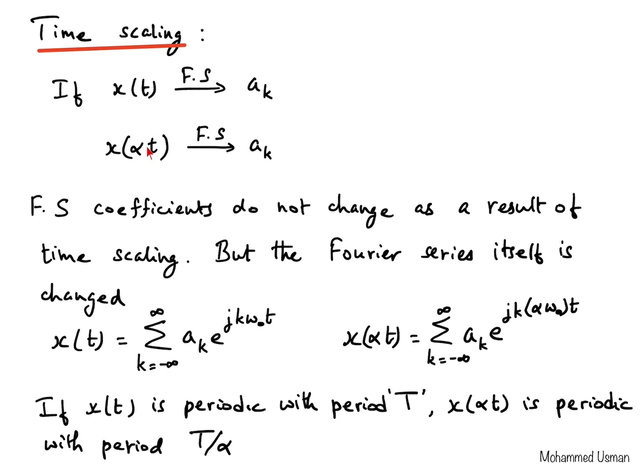It scales the time axis, which is the independent axis. So x of alpha t has Fourier series coefficients which are the same as those of the original signal. By scaling the time axis, the coefficients a_k themselves do not change.